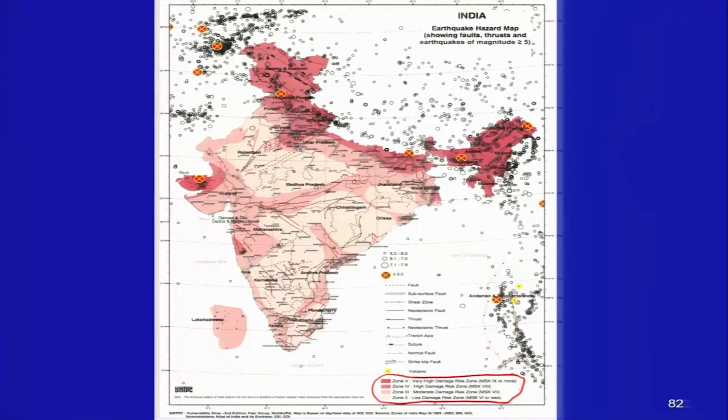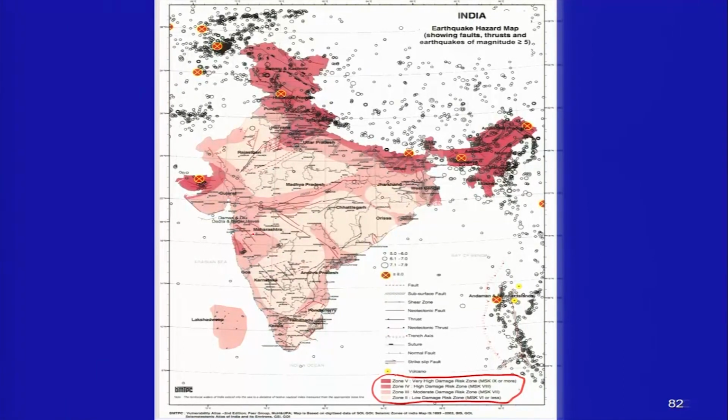Zone 5 is the very high damage risk zone, and zone 4 is the high damage risk zone, with a slightly lighter color than the reddish color here. The lighter color is over here where I am putting the pointer. These are all in zone 4, and then coming to zone 3. This is zone 3, which we are showing here right now.